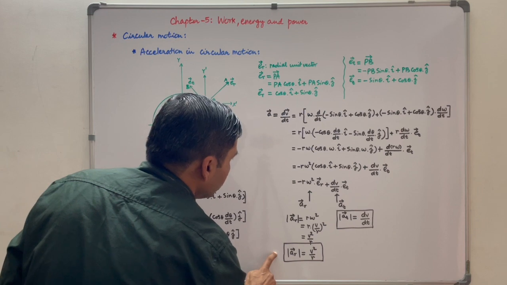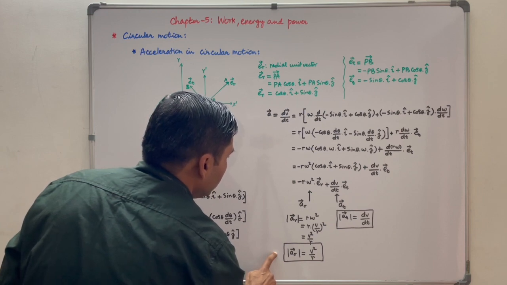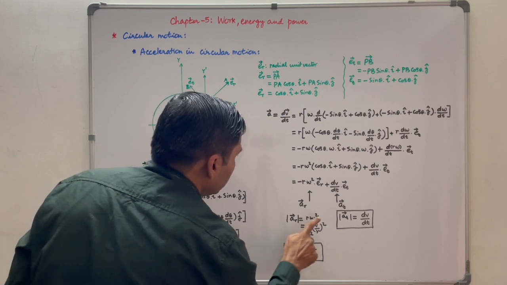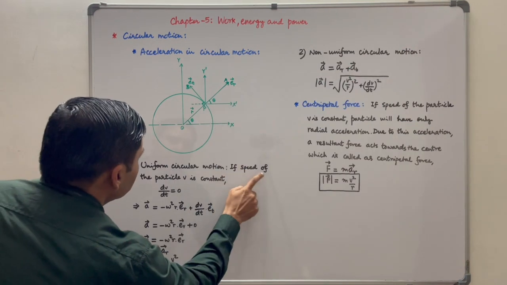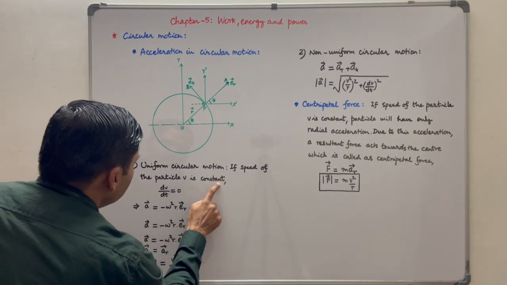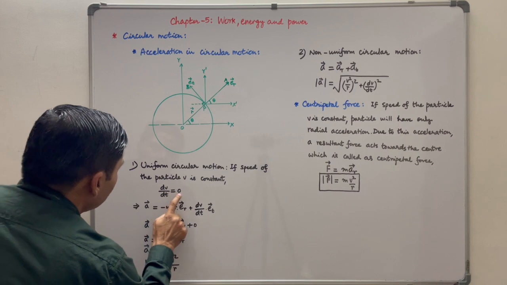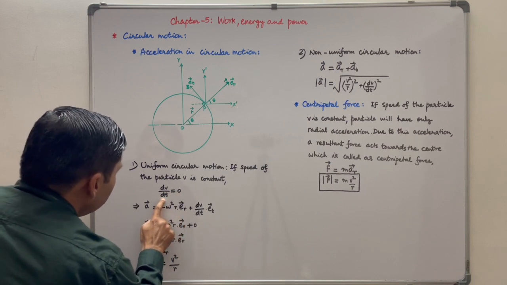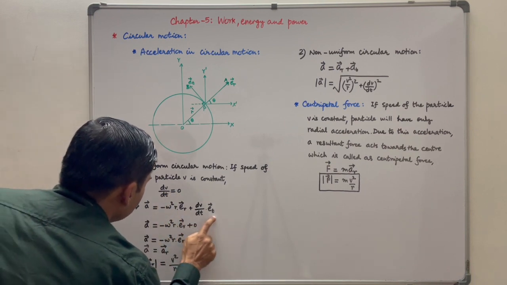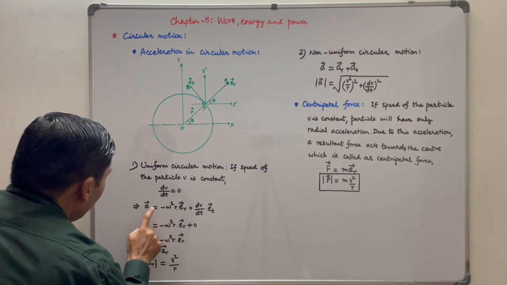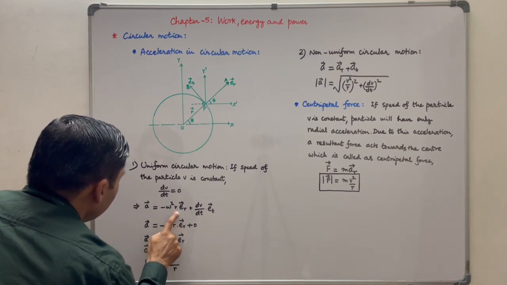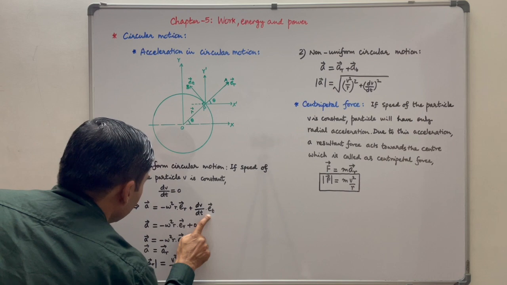There are two components of acceleration of the particle. They are radial acceleration and tangential acceleration. If the speed of the particle v is constant, that means dv by dt is equal to 0. Put dv by dt equal to 0 in this equation. So particle will have only radial acceleration component, no tangential acceleration.